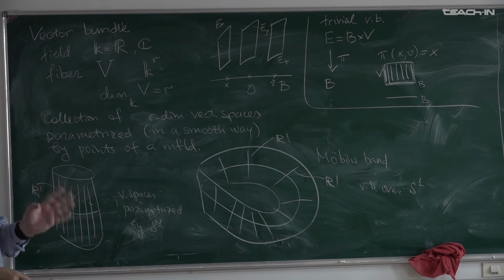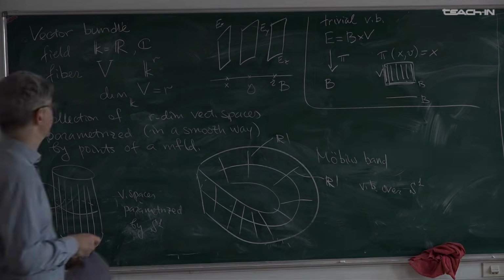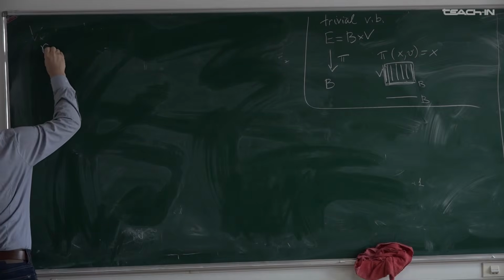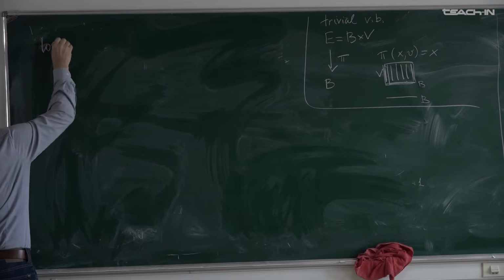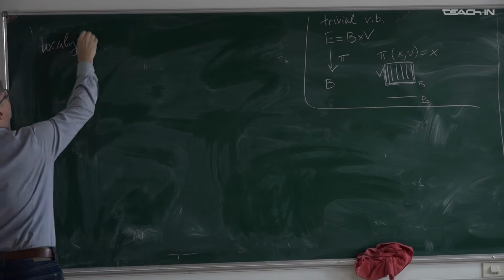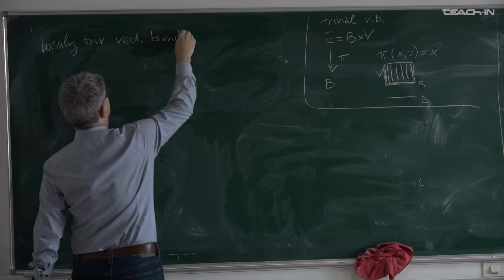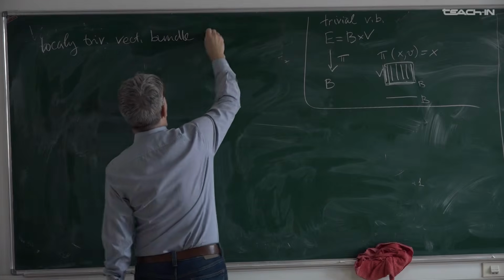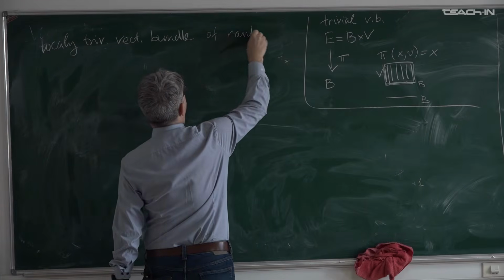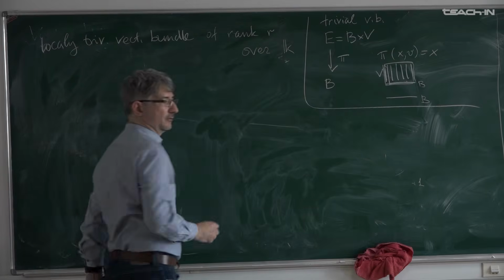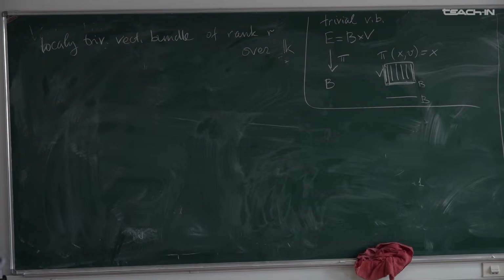And now we define the object which is most important for us. Locally trivial vector bundle, as you told us. So we speak about a locally trivial vector bundle. This is a very important thing. Locally trivial vector bundle of rank R, and we say over field K. So K could be real numbers or complex numbers.